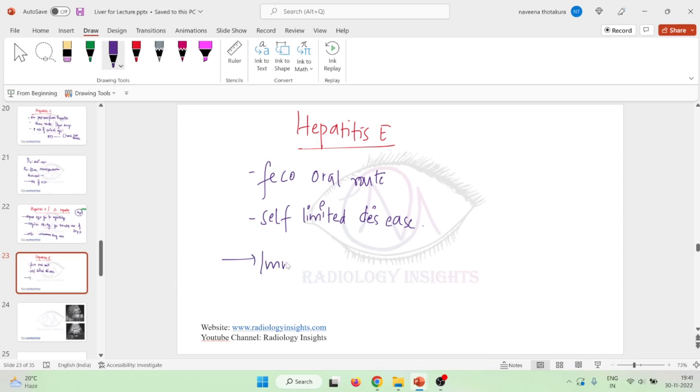Only in those individuals who are immunocompromised, or who have less immunity, can hepatitis E infection develop into chronic hepatitis. In most of the individuals who are immunocompetent, the hepatitis will resolve.